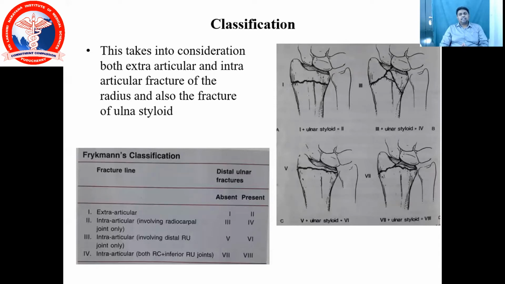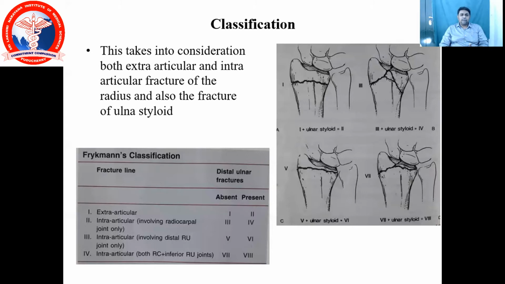Classification. This type of Colles fracture is mainly extra-articular but can have an intra-articular extension. The classification which we use is Frykman's classification. It is divided into absence of ulnar styloid process, and fracture of the distal radius associated with the ulnar styloid process.